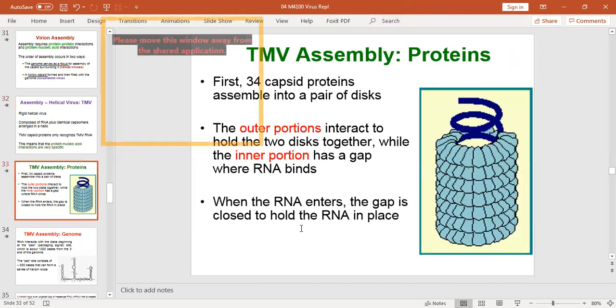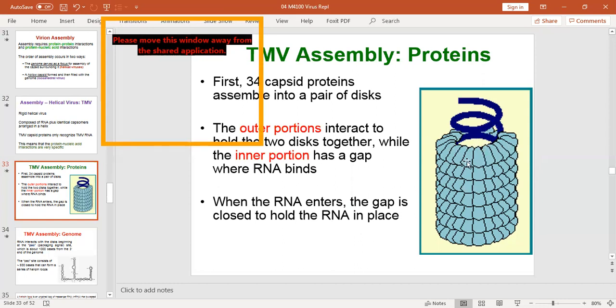Slide number 33. We have discussed this before, assembly of TMV, the protein part of it. Initially, 34 identical capsid proteins assemble into a couple of discs. The outer portion interacts to hold these two discs together, and the inner portion has a gap or lock washer, the type of structure that RNA will bind to.